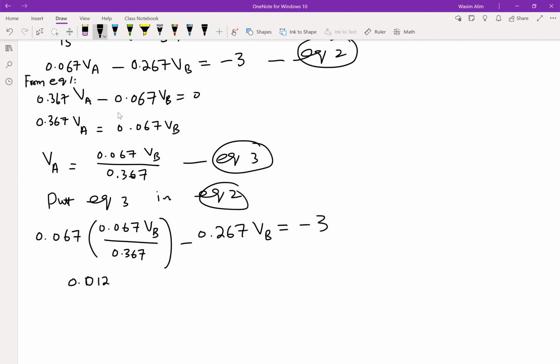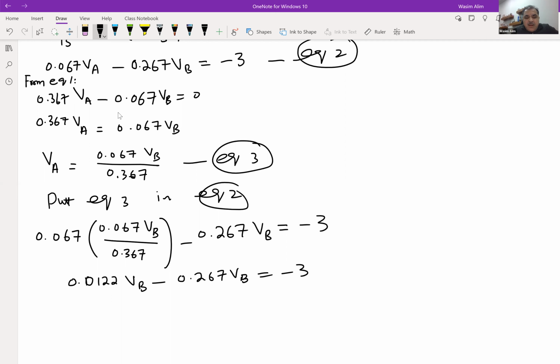0.0122, right? Yep. Okay, and I have that number, and then here I have 0.267 V sub B equal to -3.